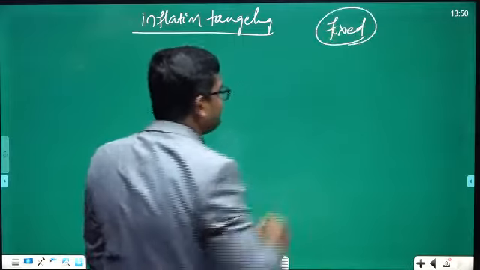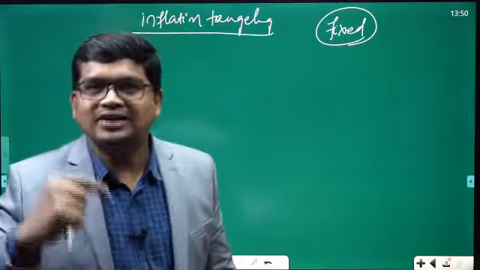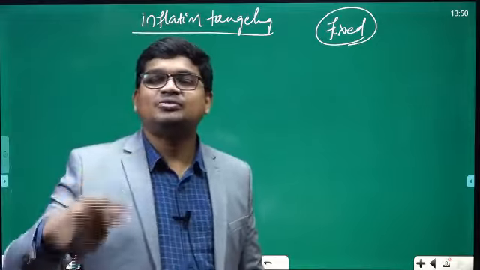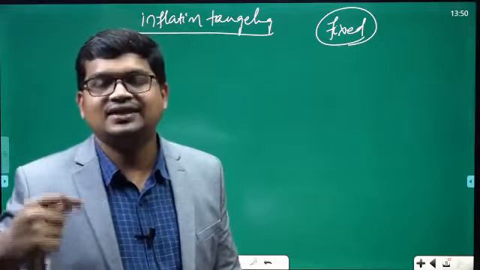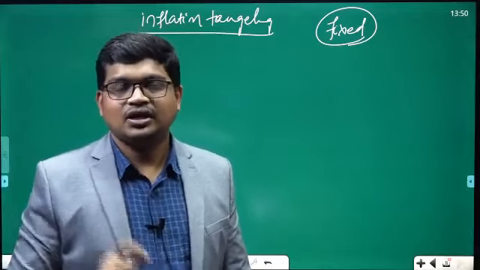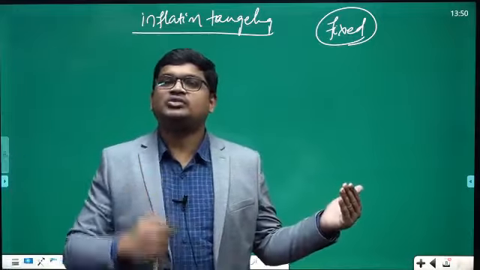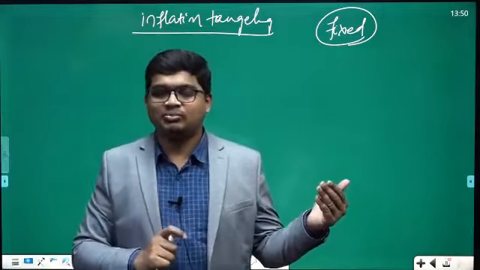Fixed income group means those whose income does not increase with the increase in the price level in the economy, like increases in dearness allowances. With the increase in price level, the government also revises the DA of its employees.